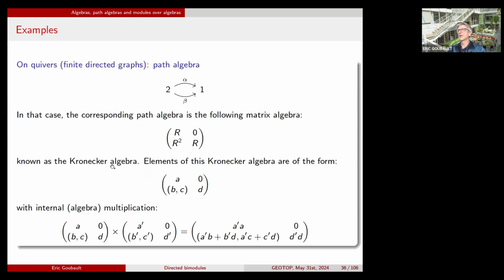Okay. And when you go from posets to quivers to directed graphs, then you have these matrix algebras where you can have not just copies of R, but for instance, powers of R, as in that case. Here you have two directed paths from point 2 to point 1. So this corresponds to this entry 2, 1 of this matrix.